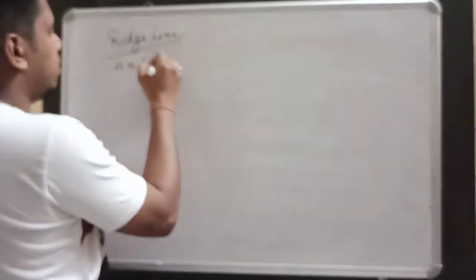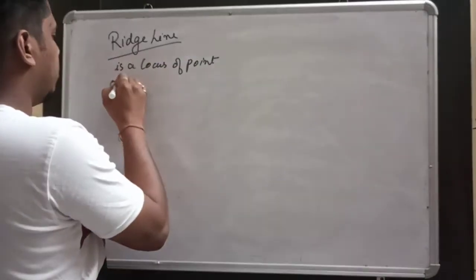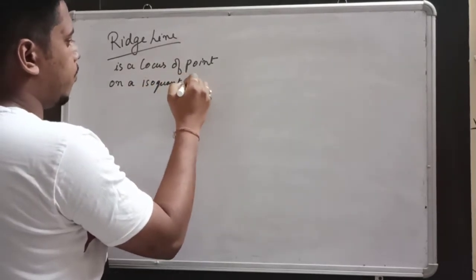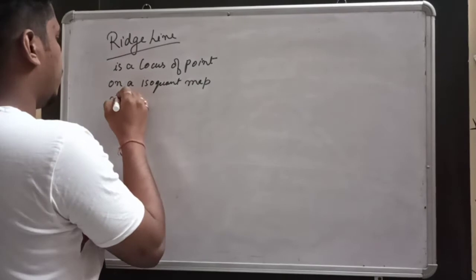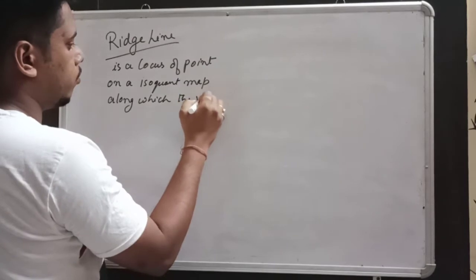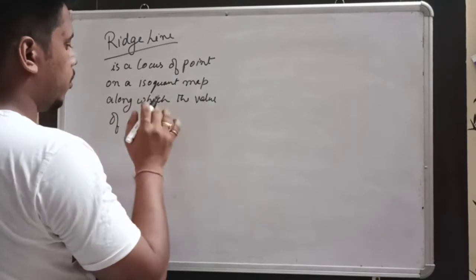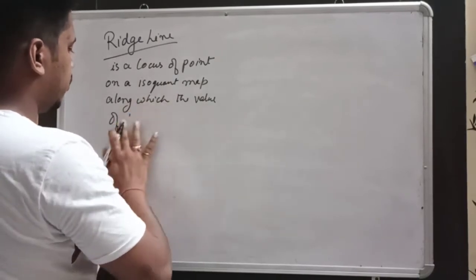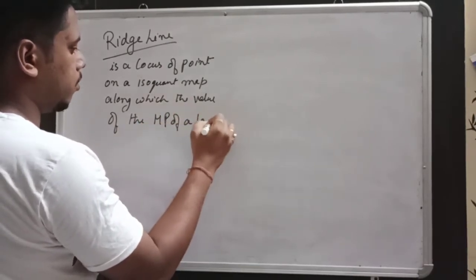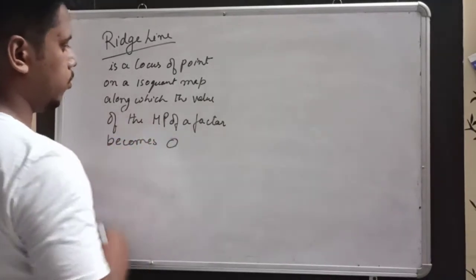is a locus of points on an isoquant map along which the value of the marginal productivity of a factor becomes 0.